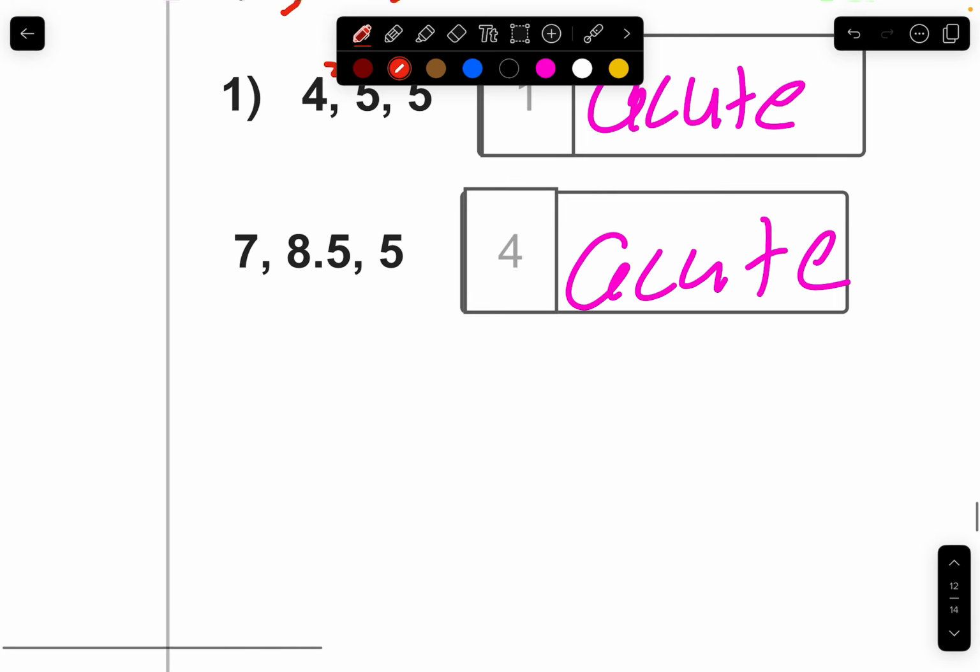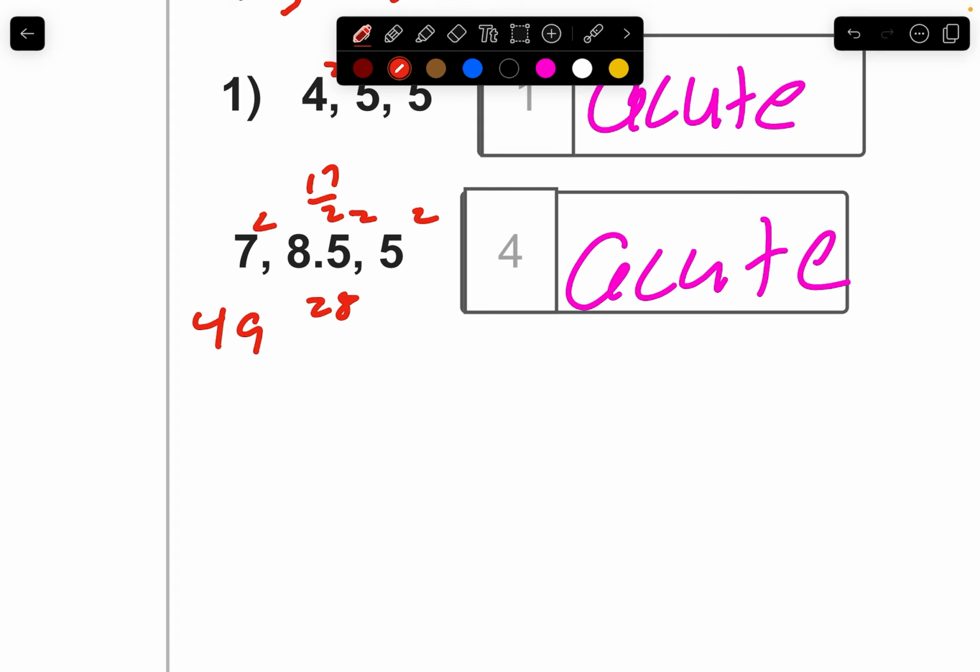Moving on. We square the numbers. This would be 49. That would be 17 over 2, so that would be 289 over 4, and 25. I wouldn't make you do that without a calculator. Dang.